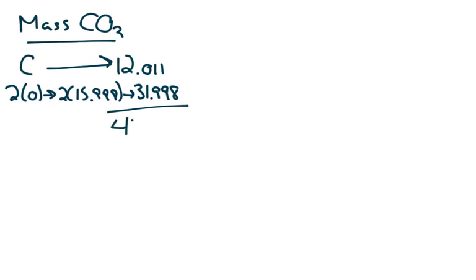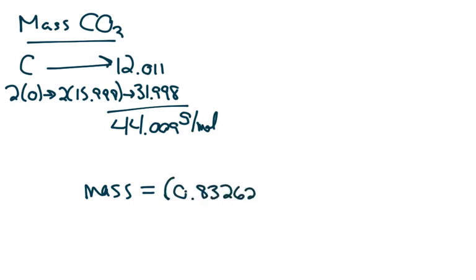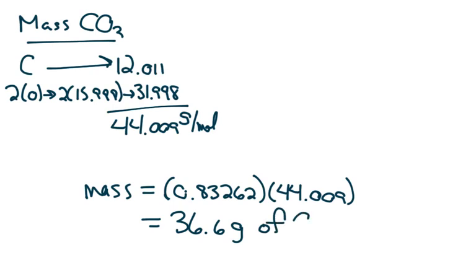Total that up to 44.009 grams per mole, the molar mass of CO2. Now that we know the molar mass of CO2, we can find its mass. Mass equals moles times molar mass, so we have 0.83262 moles multiplied by the molar mass of 44.009, which will give us 36.6 grams of CO2.